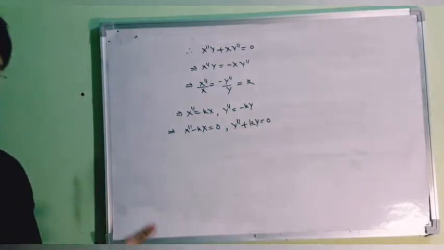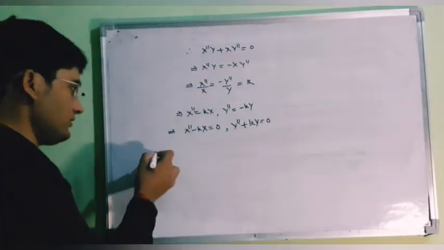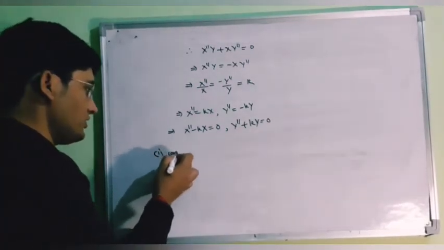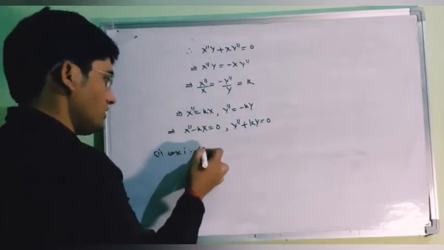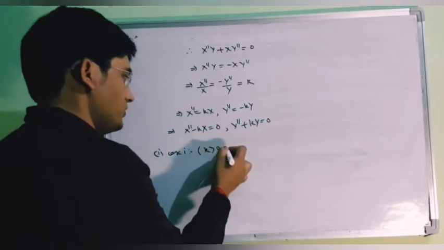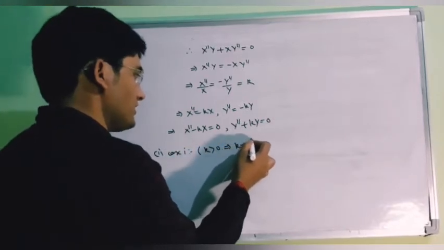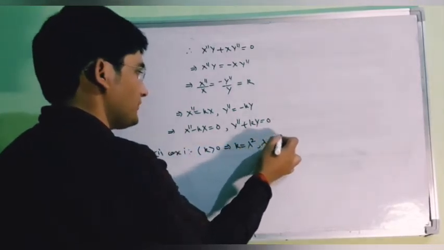Now we can have three conditions on k. The first one is when your k is positive. If k is positive, then we can consider k as lambda square, where lambda is not equal to 0.